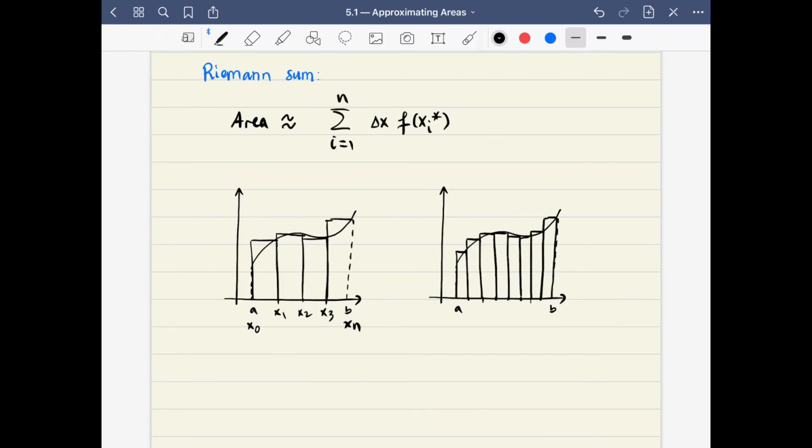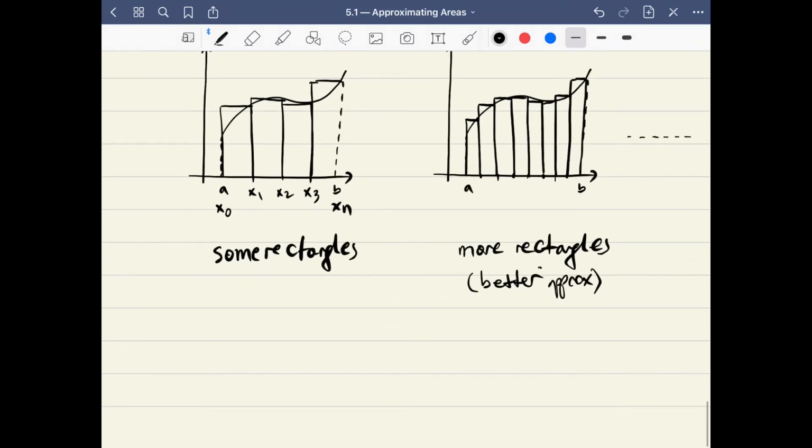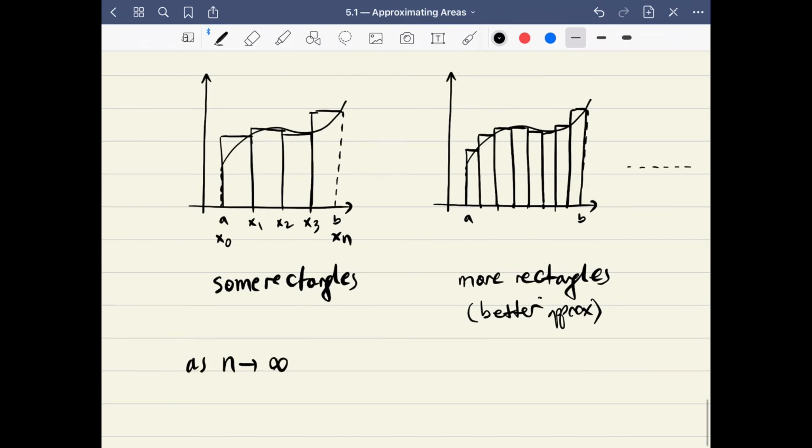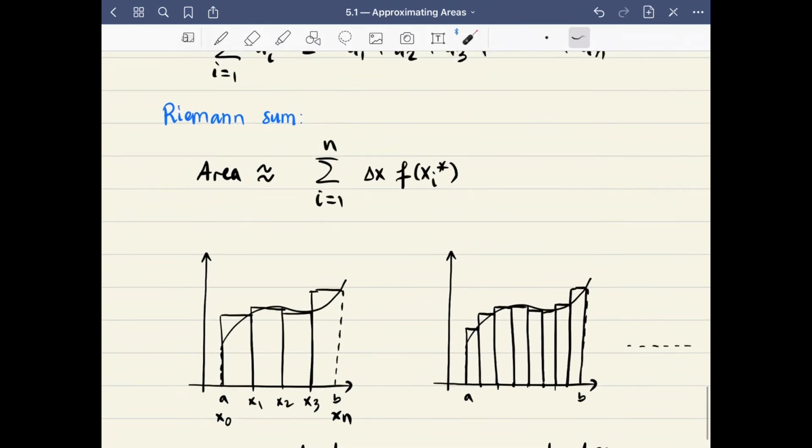So here you have some rectangles. Here you have more rectangles. So this is a better approximation. If you keep doing more and more rectangles, the approximation is becoming better and better. So basically, as n goes to infinity, we are assuming that everything is nice, this sum here will approach the actual area.